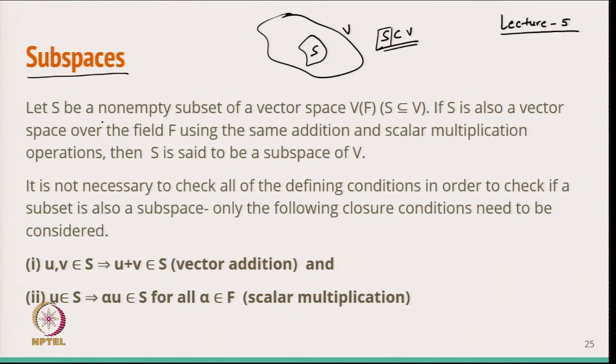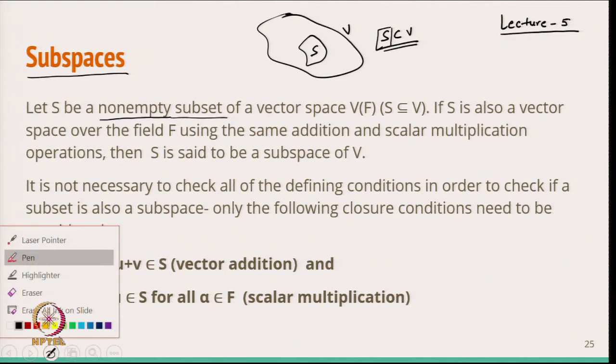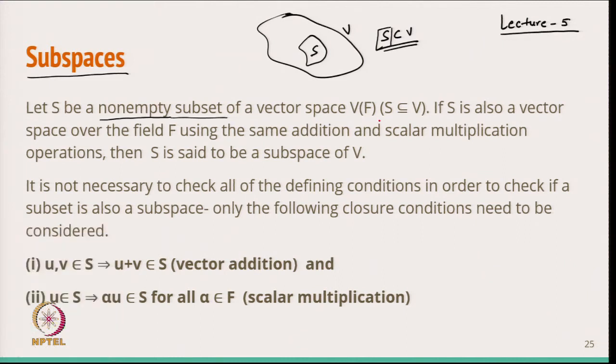So, let us define subspaces. Let S be a non-empty subset of the vector space V over F. So, in this case we are taking the vector space V, defined over the field F, and S is a subset of V. It is a proper subset or maybe equal to V also, so that is why this equality sign is there.